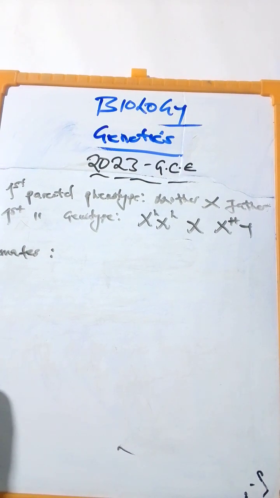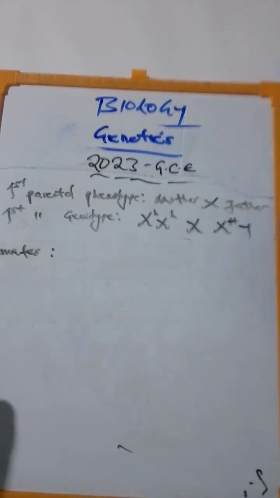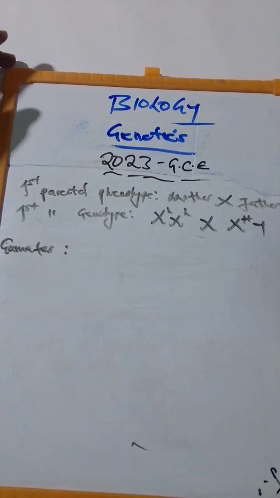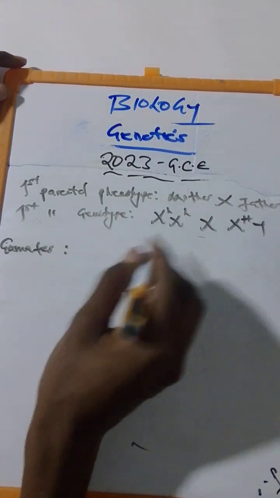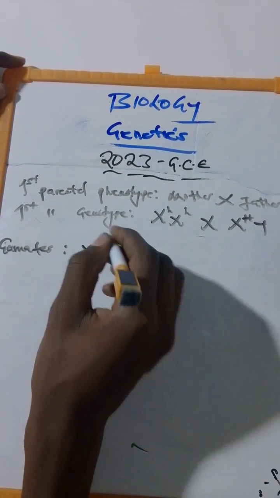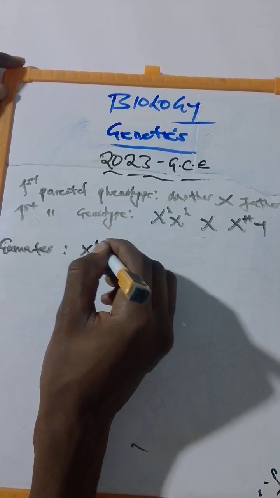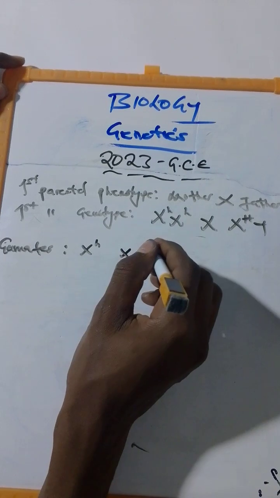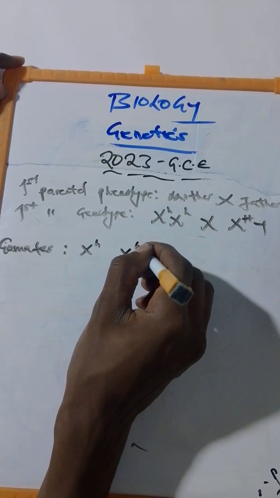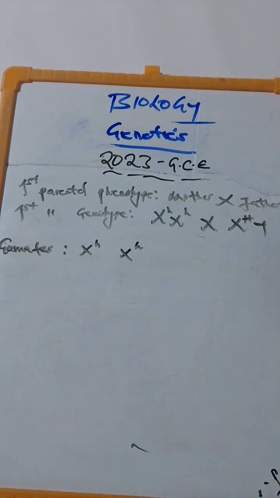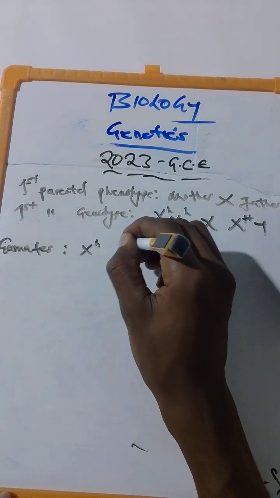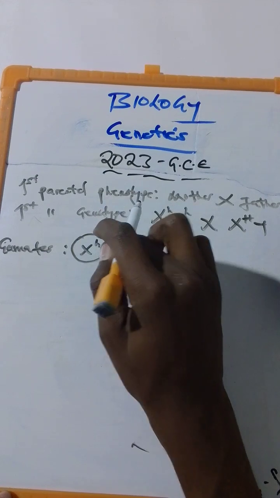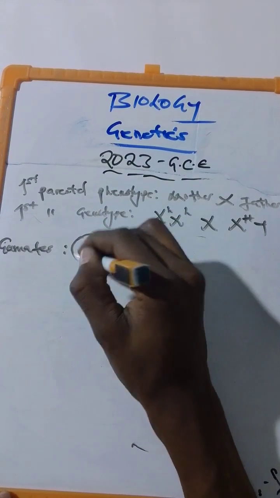Hope you're able to see. Okay, gametes. Then I'll get my genotypes. The one will be here. So this is for the mother. Then you circle them nicely like this.